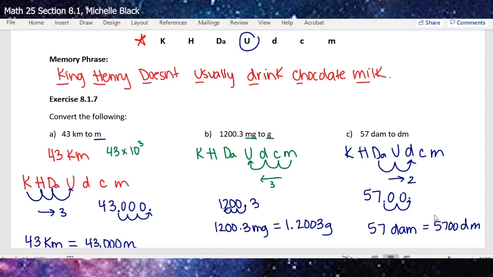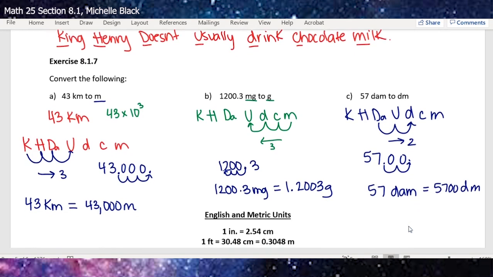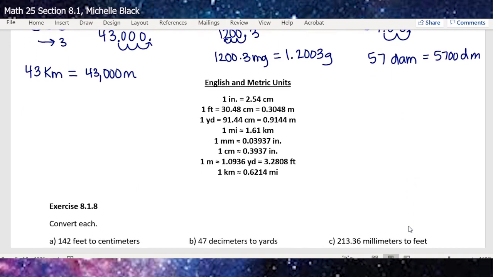Again, it takes a lot more of a smaller unit to measure the same distance as a larger unit.